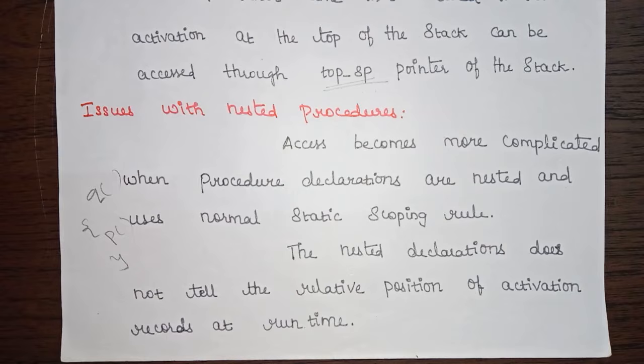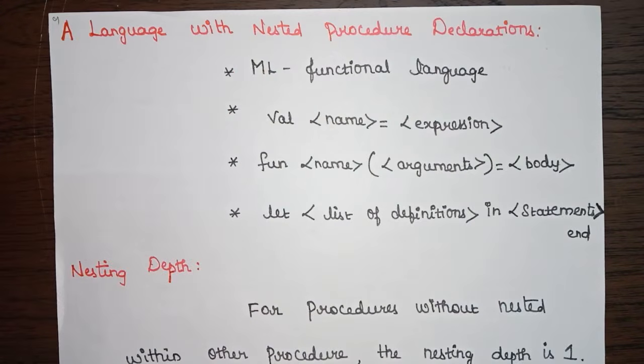Now we'll see the languages with nested procedure declarations, that is, which languages we can use for this. As mentioned, the C family does not support nested procedure declarations. There are some other languages that support it, such as the older languages Algol 60 and Pascal, which have this nested procedure declaration concept.